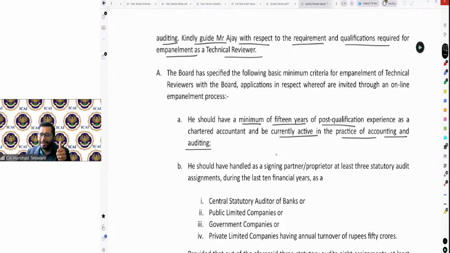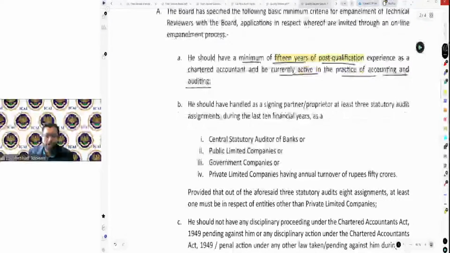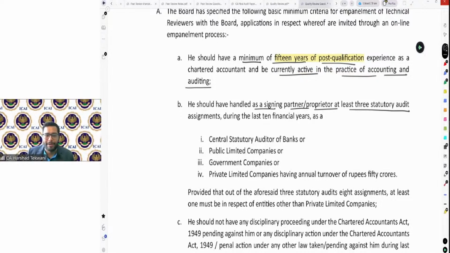Number two, he should have handled as a signing partner or proprietor at least 3 statutory audit assignments during the last 10 financial years as a central statutory auditor of banks, public limited companies, government companies, or private limited companies having annual turnover of 50 crore or more.